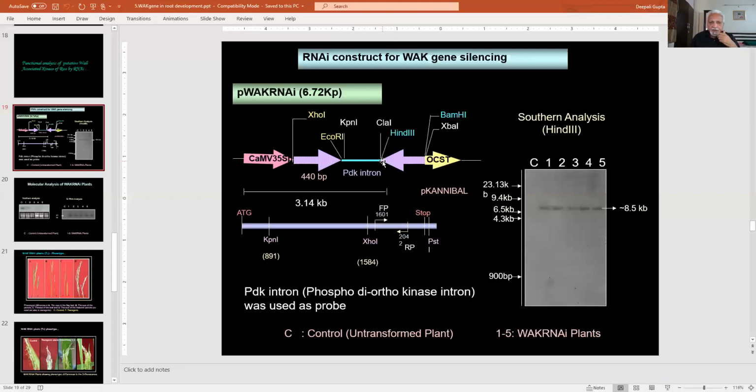So the transgenic plants were produced using the gene gun method, which I had been talking about all along. Five lines were identified: 1, 2, 3, 4, 5, and this is the control.